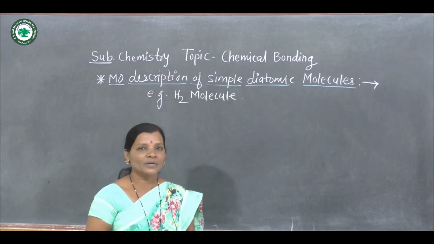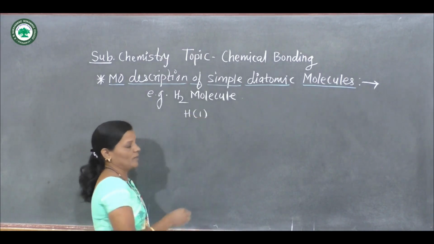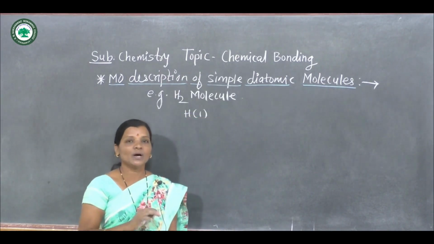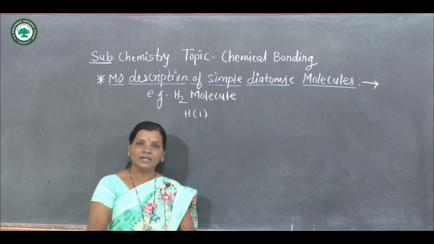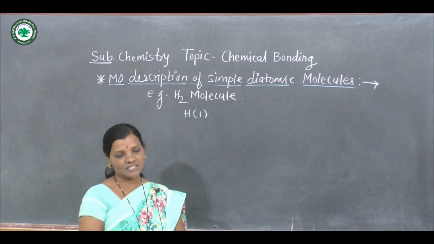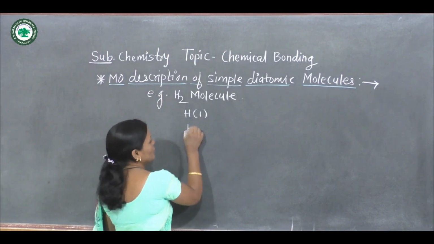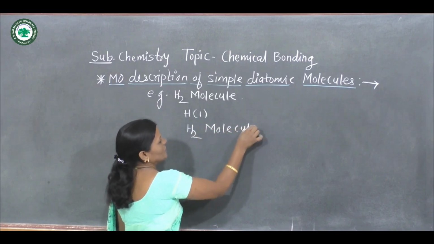Here we know that hydrogen, its atomic number is 1. When two hydrogen atoms combine together, and when linear combination of the atomic orbitals of hydrogen takes place, then here we will get formation of H2 molecule.